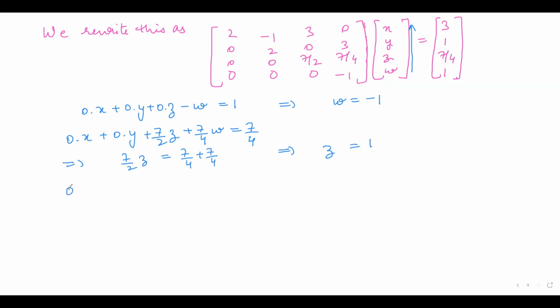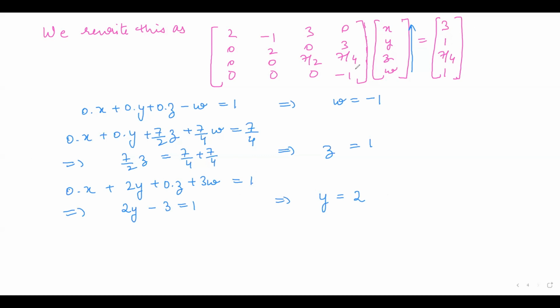Then the third equation, 2y plus 0 times z plus 3 times w is equal to 1. So 2y minus 3 is equal to 1. So I am getting my y as, sorry, not minus 1. This is 4 upon 2, that is 2.